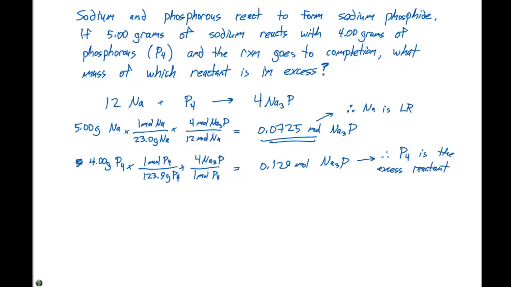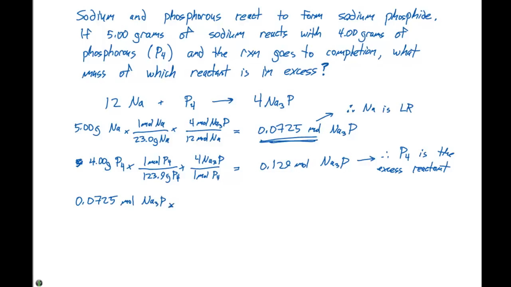So we need to figure out how much P4 is going to react completely with 5.0 grams of the sodium. In this case, we know that 0.0725 moles of the sodium phosphide is produced. So we'll take that number, the 0.0725, which is moles of Na3P, and we need to determine how much P4 it's going to take to produce that.